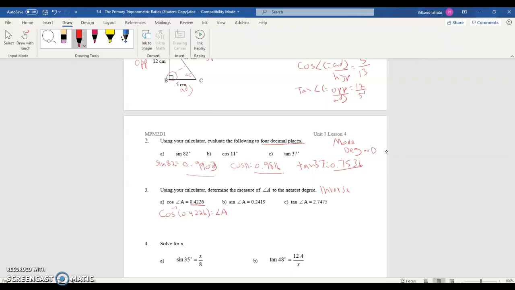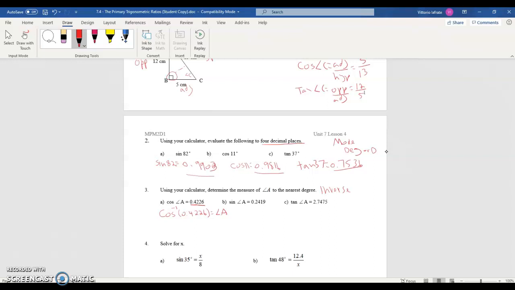And so on your calculator, usually that's a second function. So you should know how to operate your second function on your calculator. What you would do is you would push second function. Still make sure your calculator is in degrees all the time. Find the button that has cos -1 on top. And then you can put in your cos value, 0.4226.